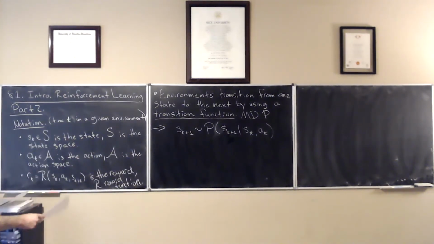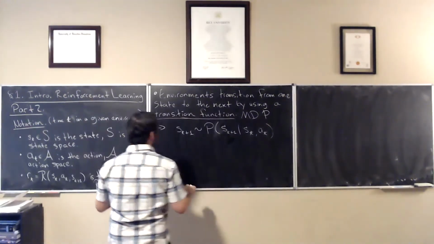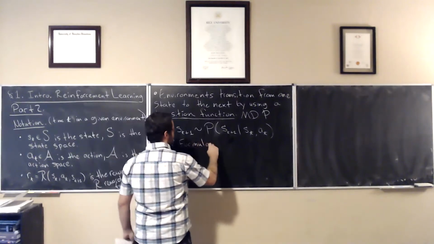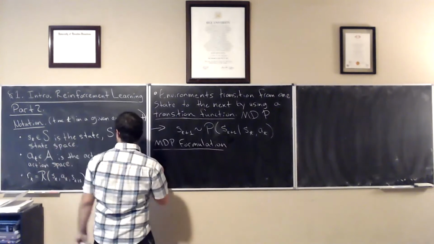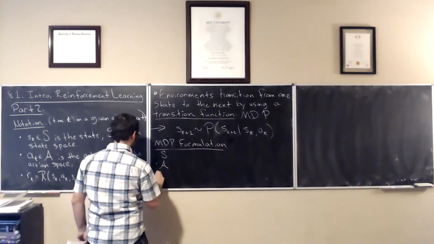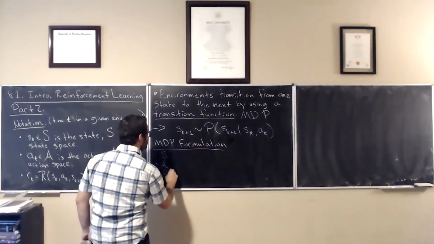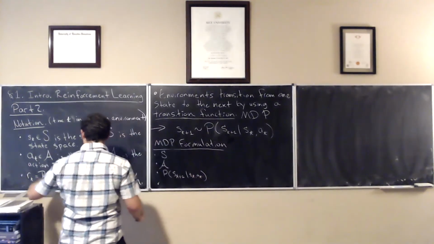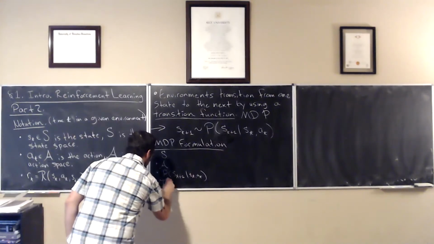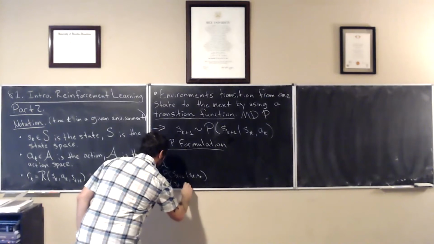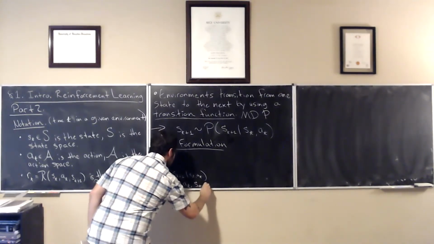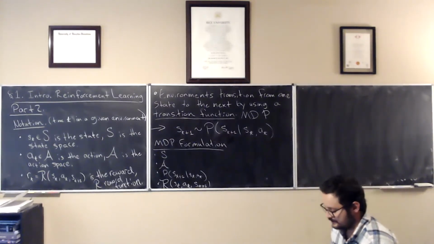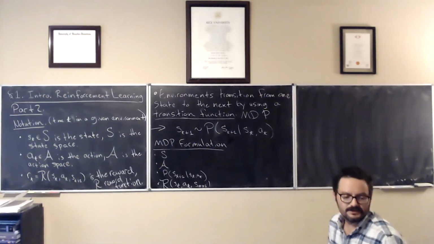So for a given environment, the MDP formulation, the Markov decision process formulation of reinforcement learning, requires we have a state space S, an action space A, a transition function P, and a reward function R. If we have all of these things, then we can formally define an optimization problem and an algorithm that would help us solve this.